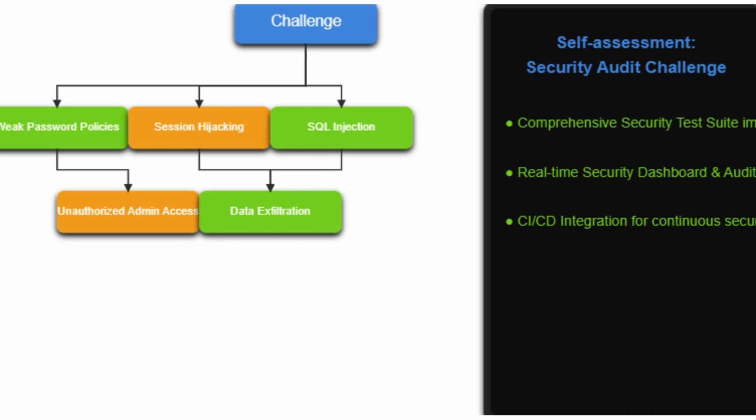You'll also have the foundation for a real-time security dashboard and a complete audit trail system, giving you full visibility and control over your system's security posture. Crucially, you'll integrate these security tests directly into your CI/CD pipelines, ensuring that every new deployment is automatically vetted for vulnerabilities before it ever reaches production.